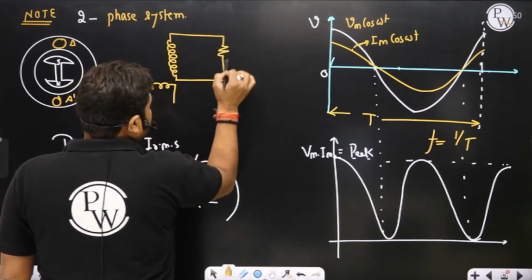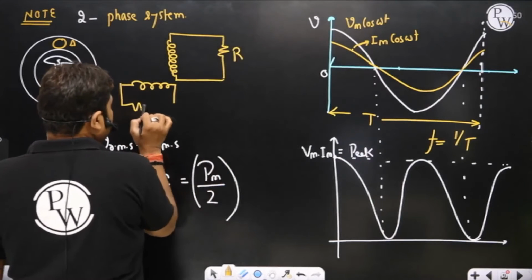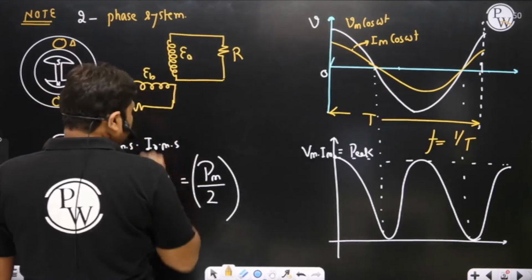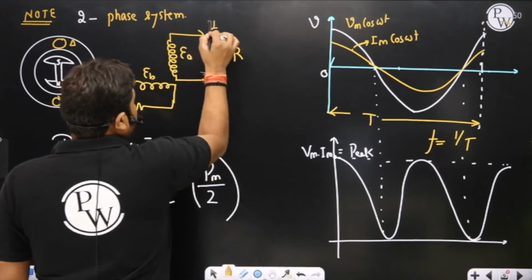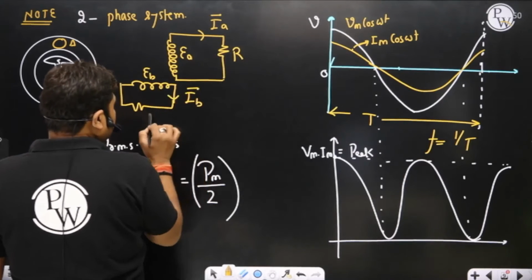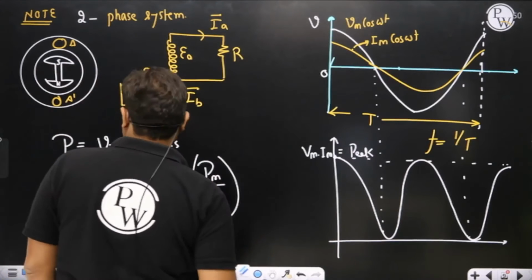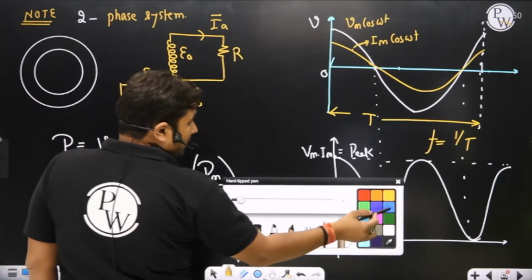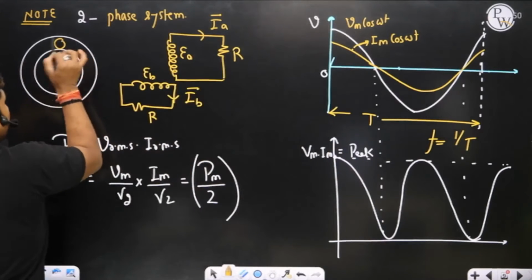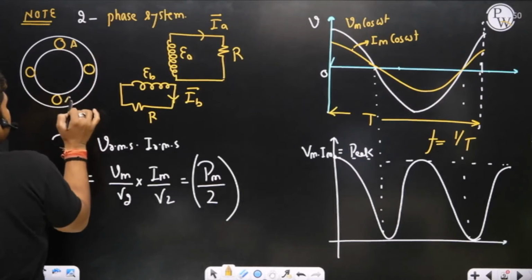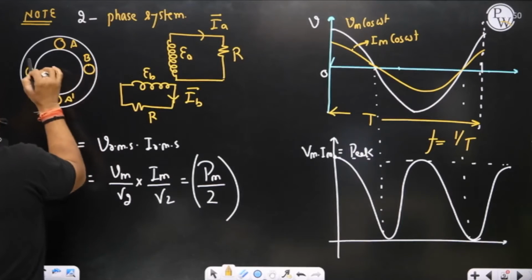If both have resistance R, EA and EB, now if you observe IA and IB. When I say balanced two-phase system, it means both A phase and B phase are identical, but they are displaced in space by 90 degrees.